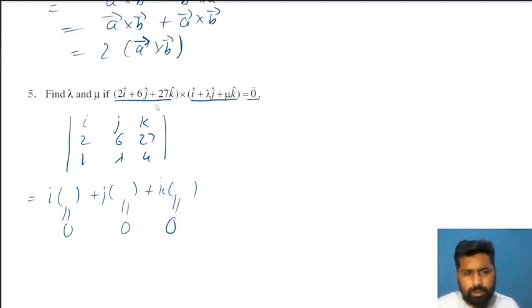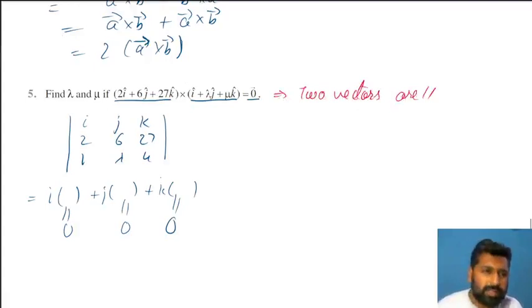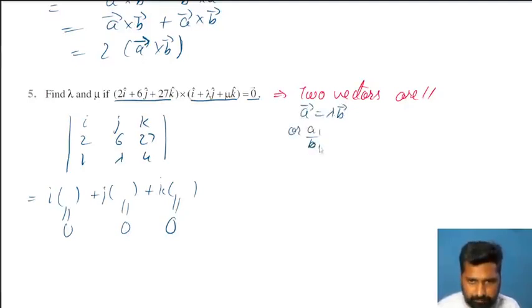If you are doing a cross product and it is coming 0, what is the interpretation? That the 2 vectors are parallel. If the 2 vectors are parallel, what is the condition that I told you? That A is nothing but lambda times B. Or the other way to say it is A1 by B1 is A2 by B2 is equal to A3 by B3, meaning the components should be in ratio.